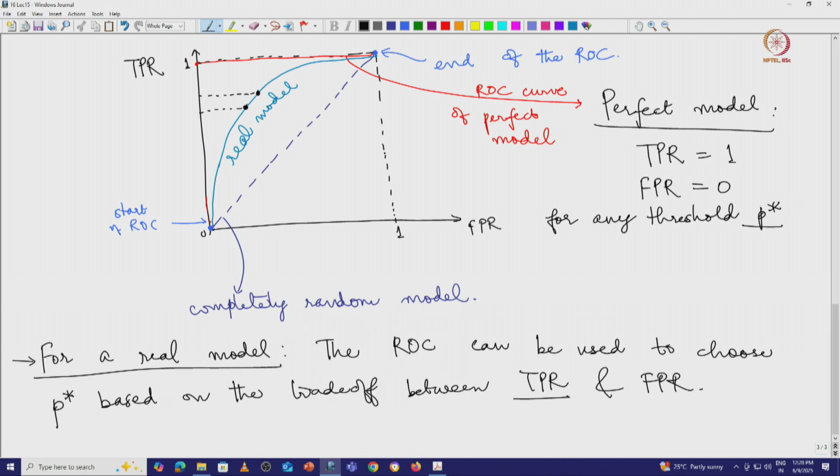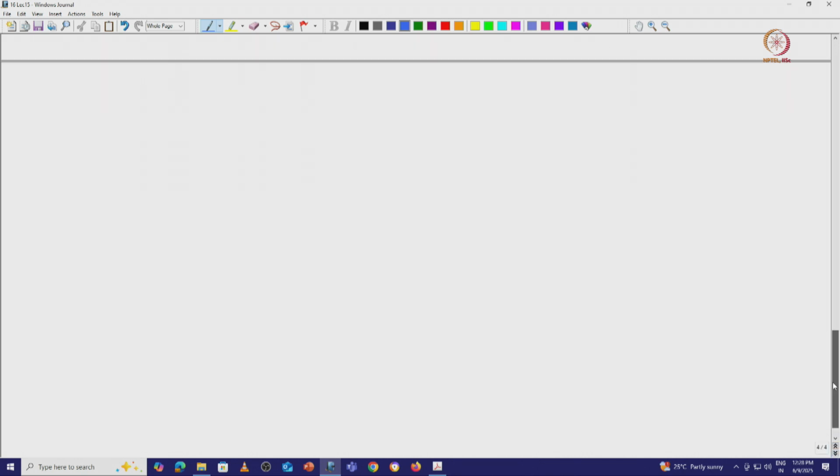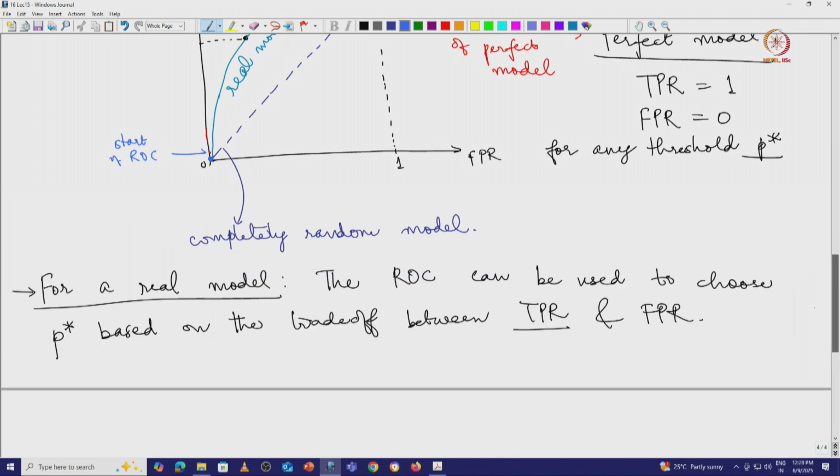So, this is about the receiver operating characteristic. However, there is a metric known as the area under the ROC curve, which is actually threshold independent. So, now we will look at this area under the curve metric, often shortened as AUC.